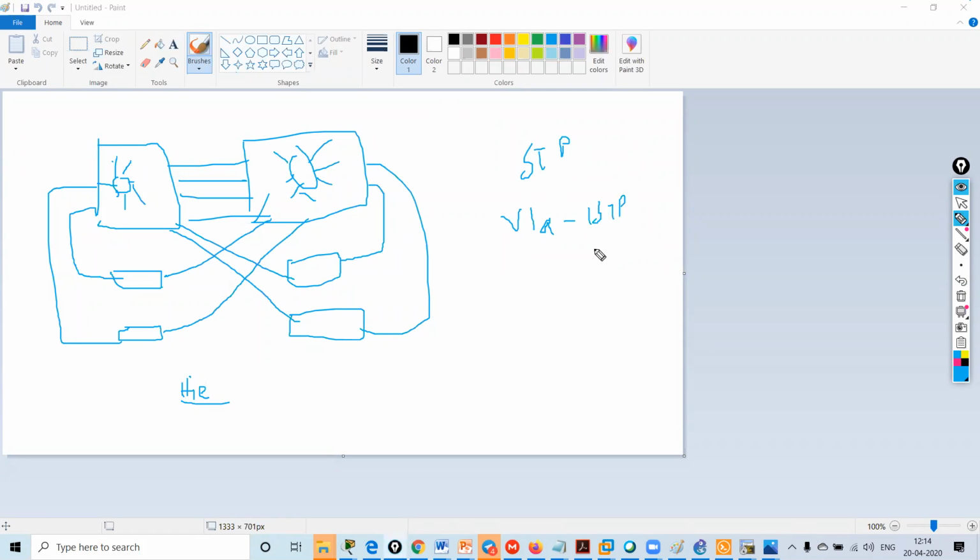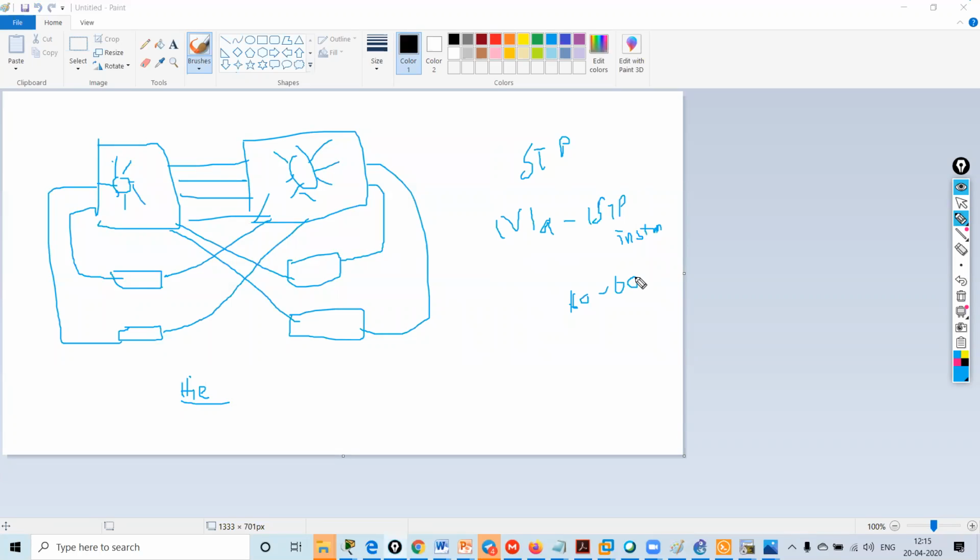For one VLAN, one STP instance. Suppose I have 60 VLANs, so I'll be using 60 STP instances.